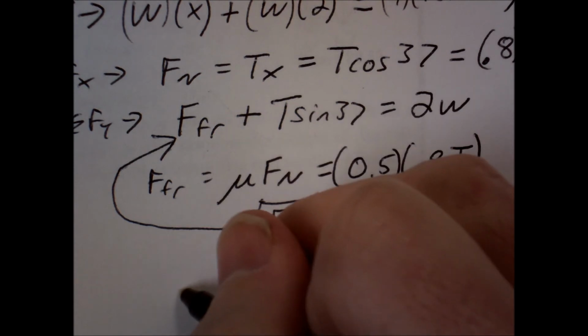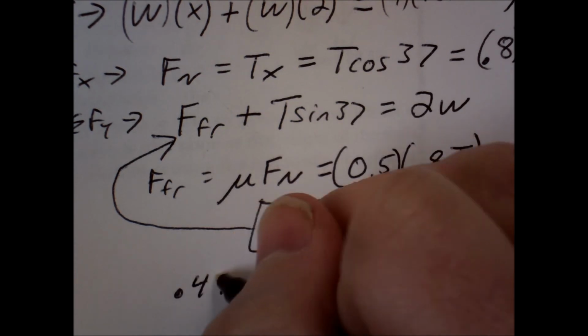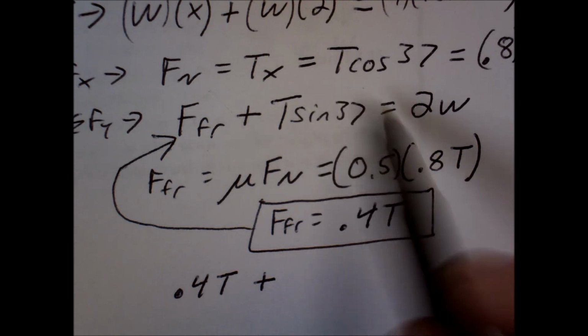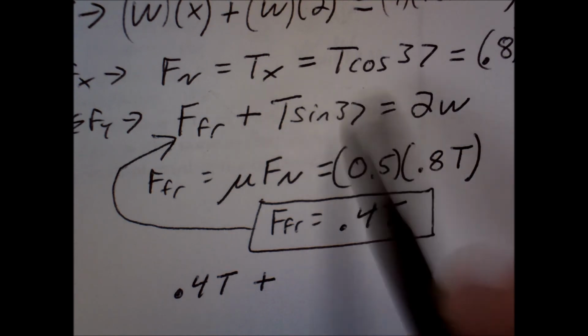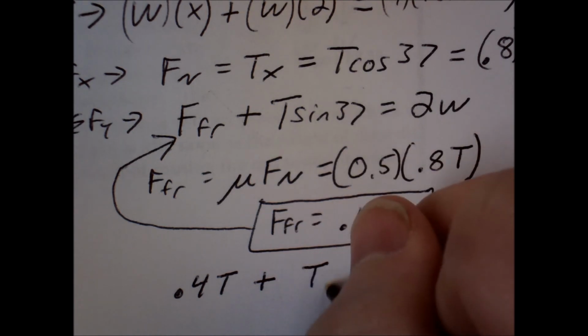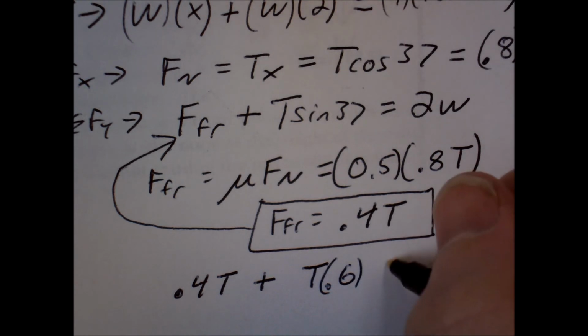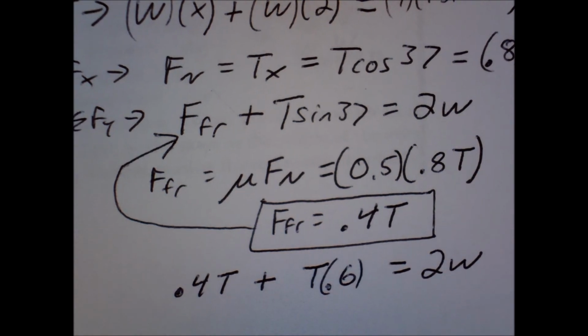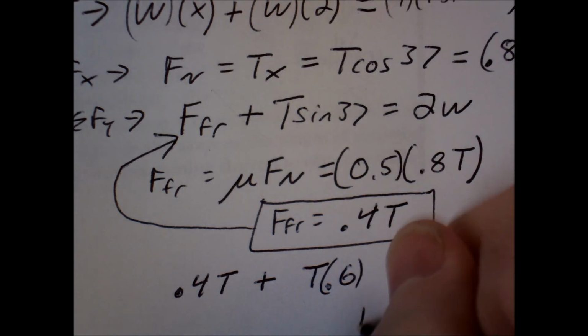So we're going to have 0.4 times T plus sine 37, 0.6, equals 2W. So what's 0.4T plus 0.6T? T, right? 1T. So T is equal to 2W.